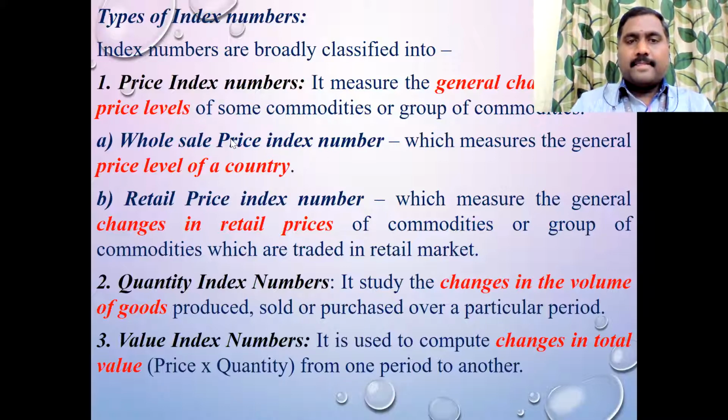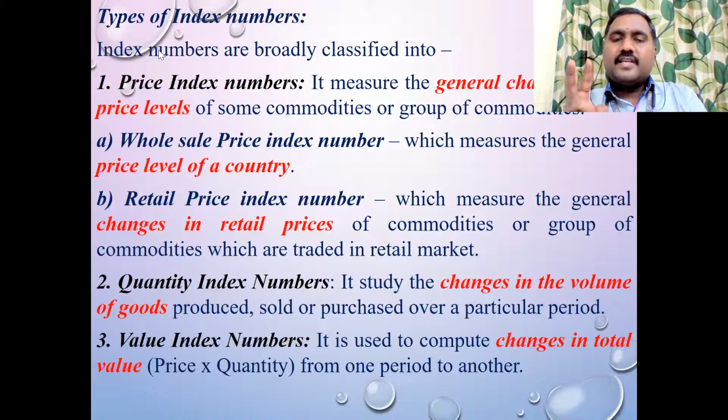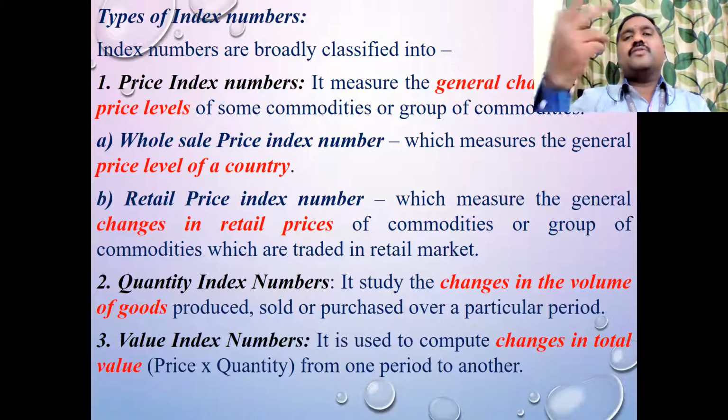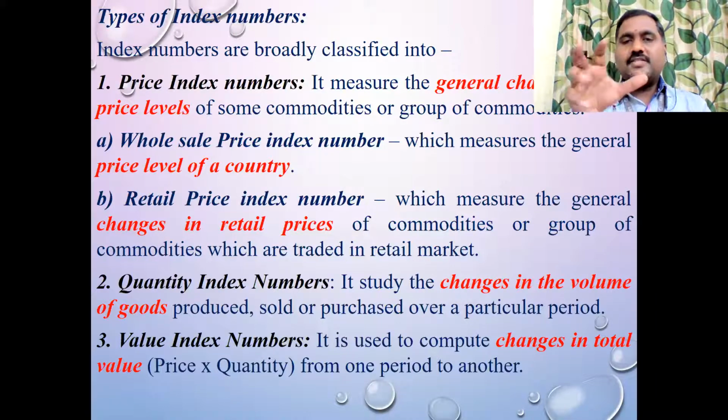And then the second thing is, if you're getting the same Nandini half liter milk from the nearby shop, you can get it for 20 rupees because they are getting it from the wholesaler and selling to the customer for 20 rupees.